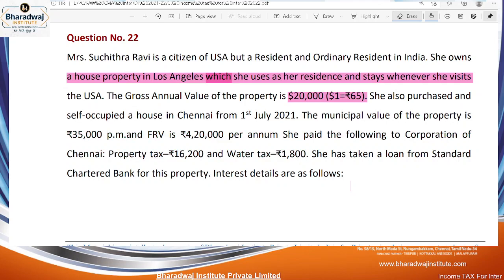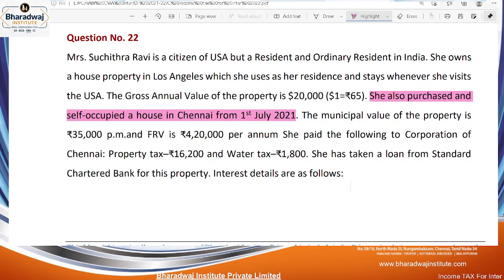Please remember, both of them are self-occupied properties. Now, look at the wordings used. Many students go wrong by taking some pre-construction period and all. She purchased and self-occupied a property in Chennai from 1st July 2021.